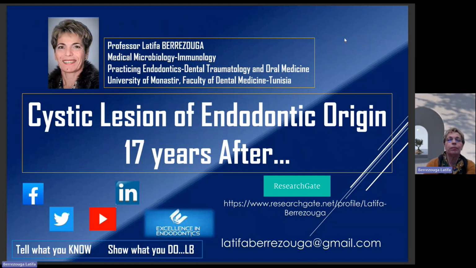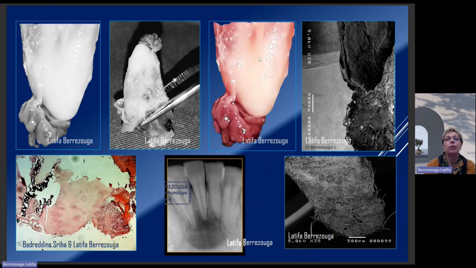When you see that type of lesion appendant to the apex, we know that the pulp inside is necrosed, and this necrosis is due to a biofilm predominated by bacteria. These bacteria will invade the periapical or periradicular system and induce inflammation.